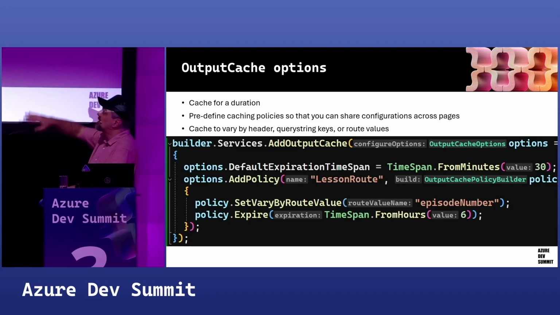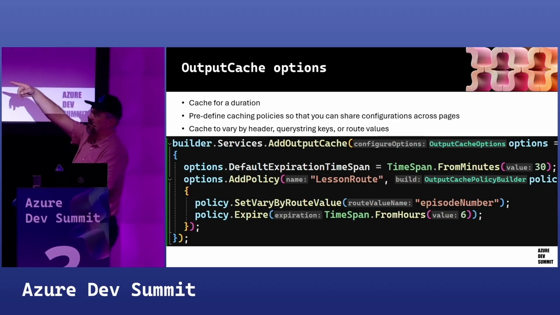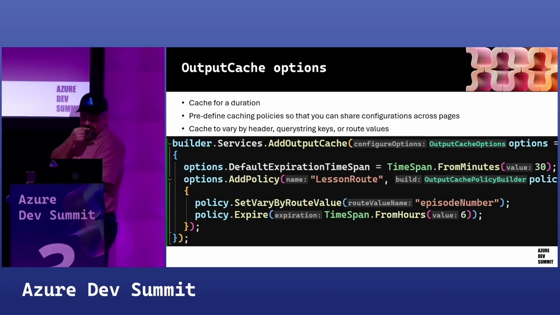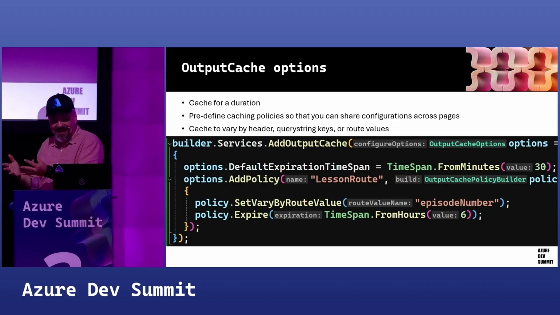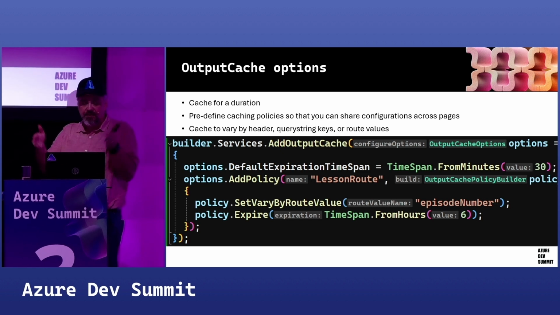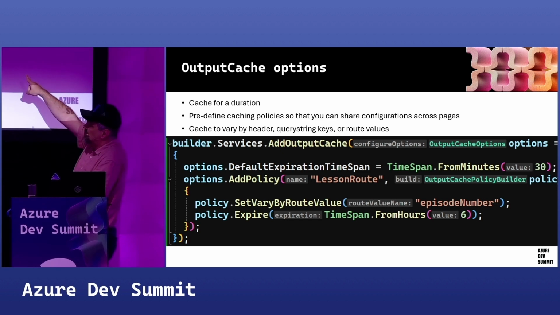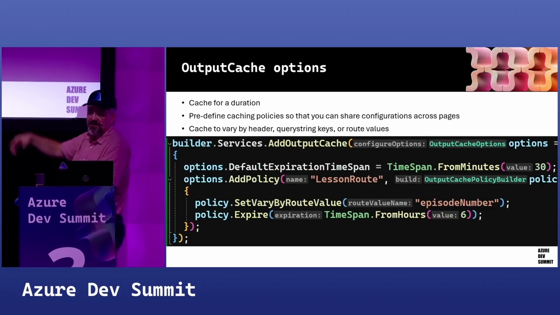So here I set up a default expiration time span, because it's easier to read time span from minutes, 30, and I set up a policy called lesson route because I've got different lessons and they all have the same URL route. So I set that up and I vary by route value on the episode number, and each one of those output caches that episode for 6 hours.